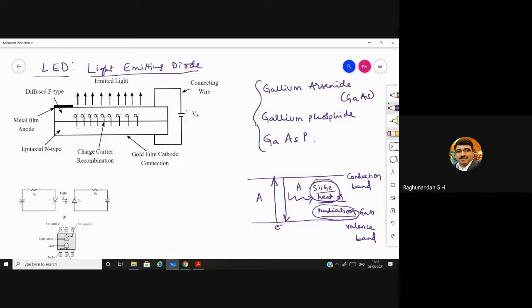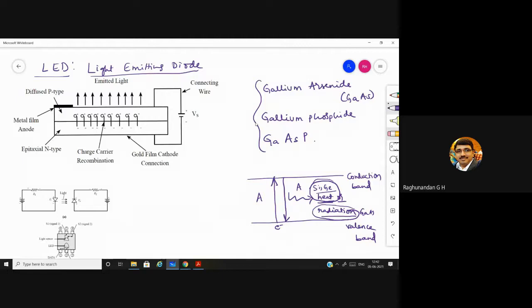They are not going to give out light, they are not capable of giving out light. That's why we cannot use them in LED. So this is the basic thing.